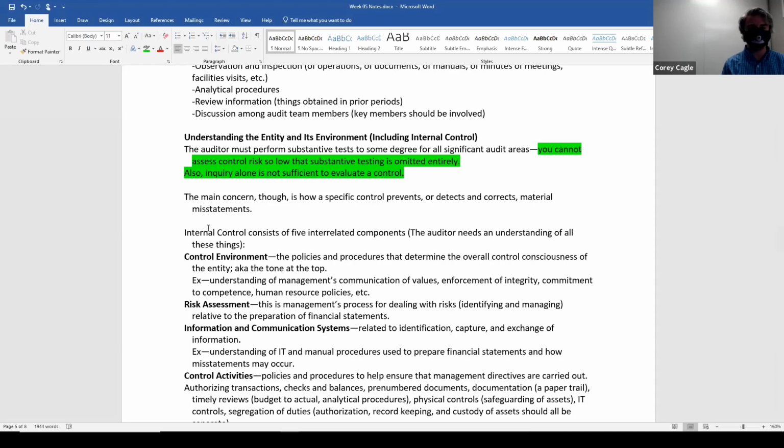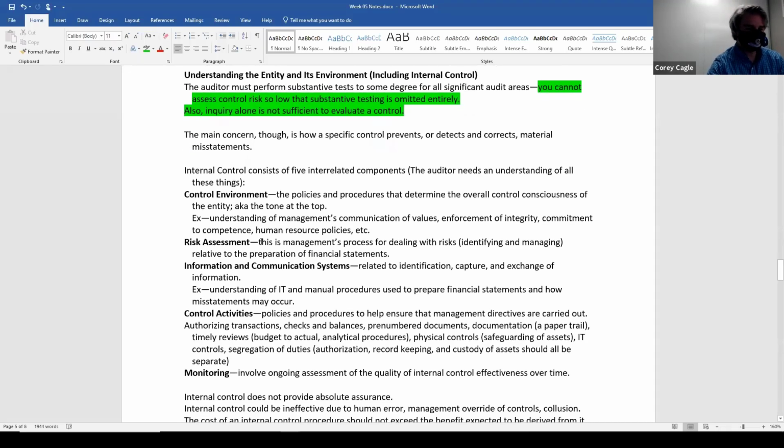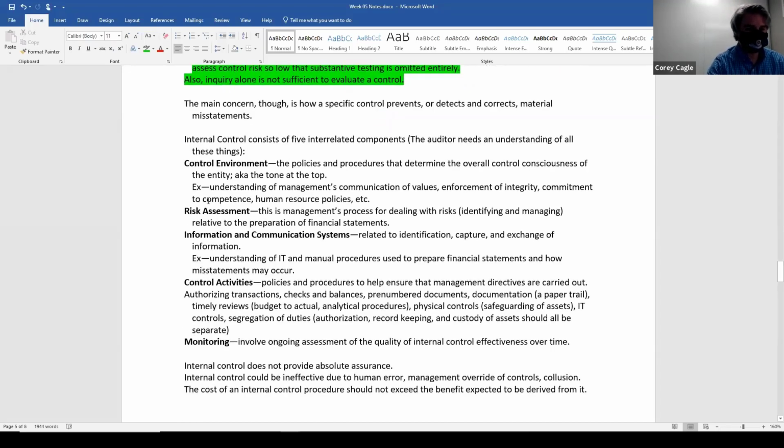How does it prevent it or detect it or correct it? That's what we're interested in. But the big meat of this section are these 5 things, worth listing and remembering. So this is AICPA stuff here.